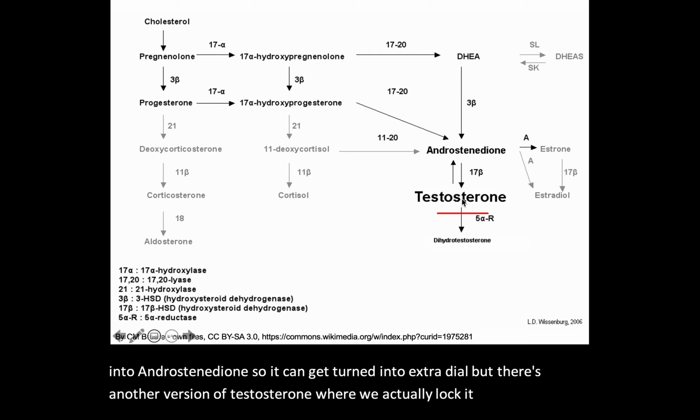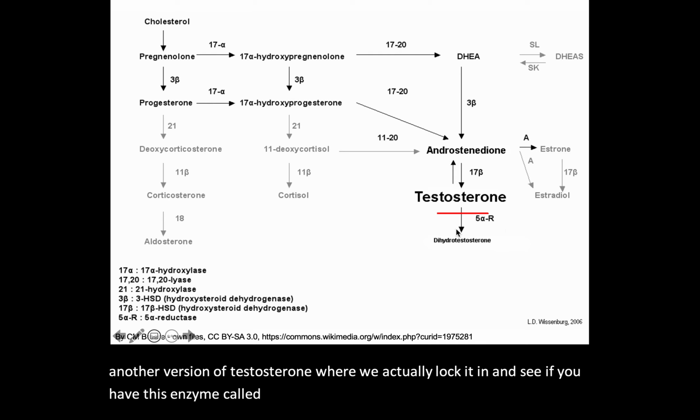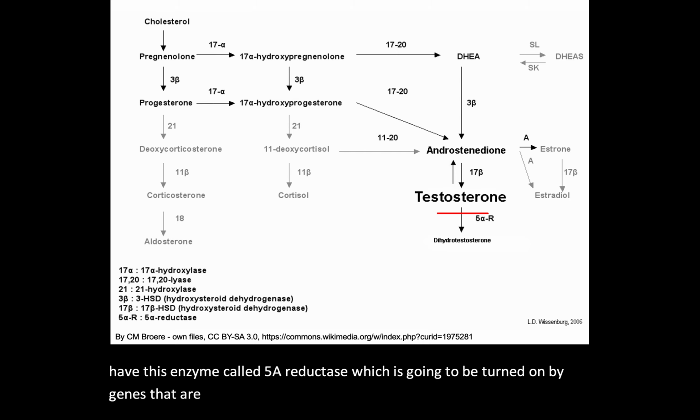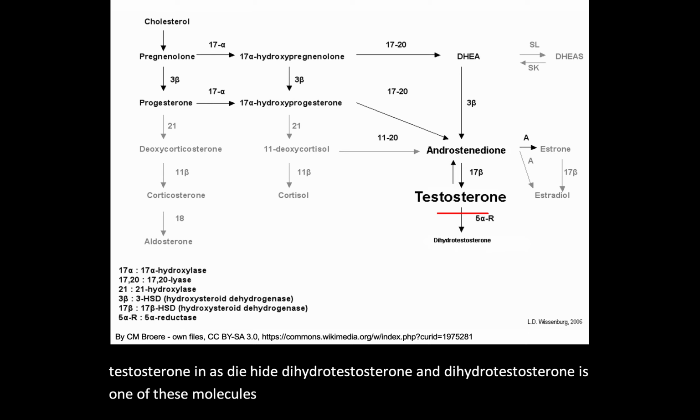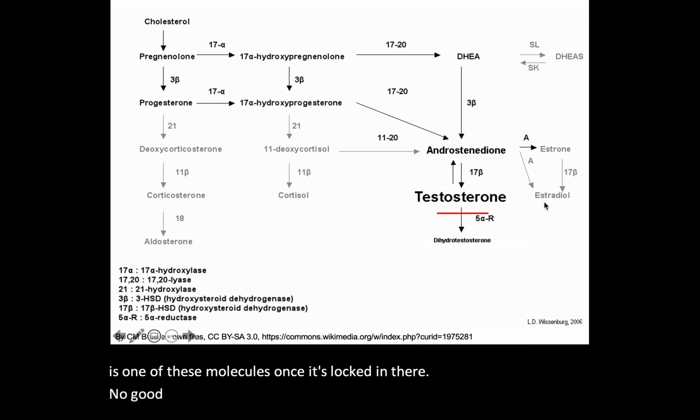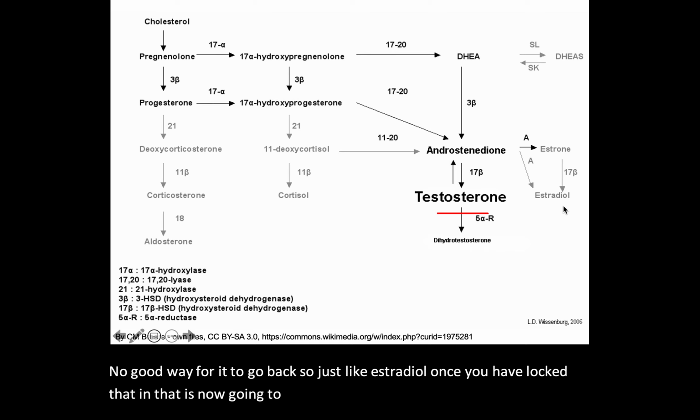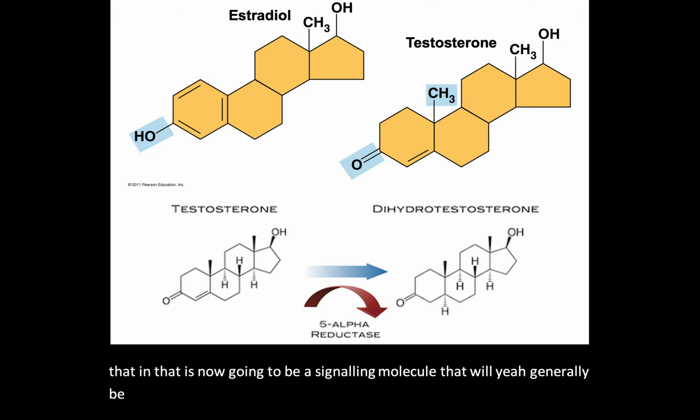And so if you have this enzyme called 5-alpha reductase, which is going to be turned on by genes that are encoded on the Y chromosome, that's going to lock testosterone in as dihydrotestosterone. And dihydrotestosterone is one of these molecules that once it's locked in, there's no good way for it to go back. So just like estradiol, once you have locked that in, that is now going to be a signaling molecule that will generally be prevalent in biological females.